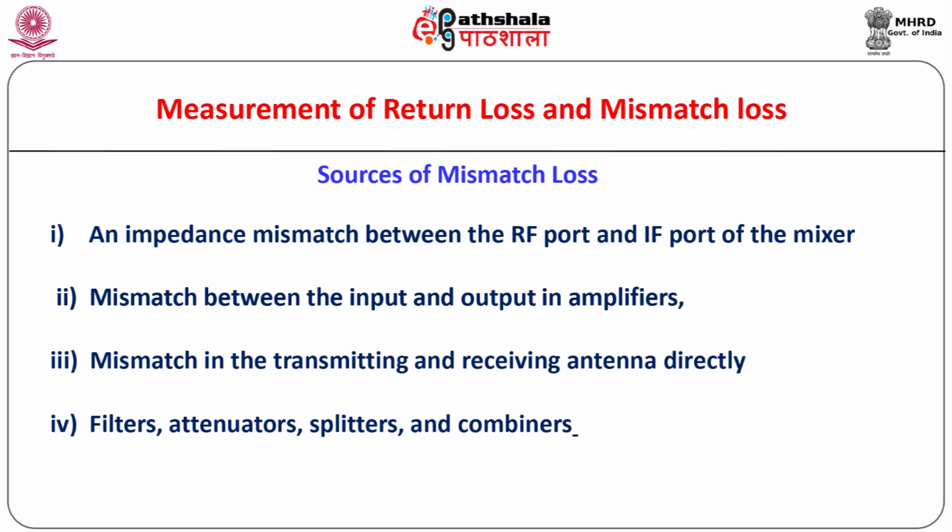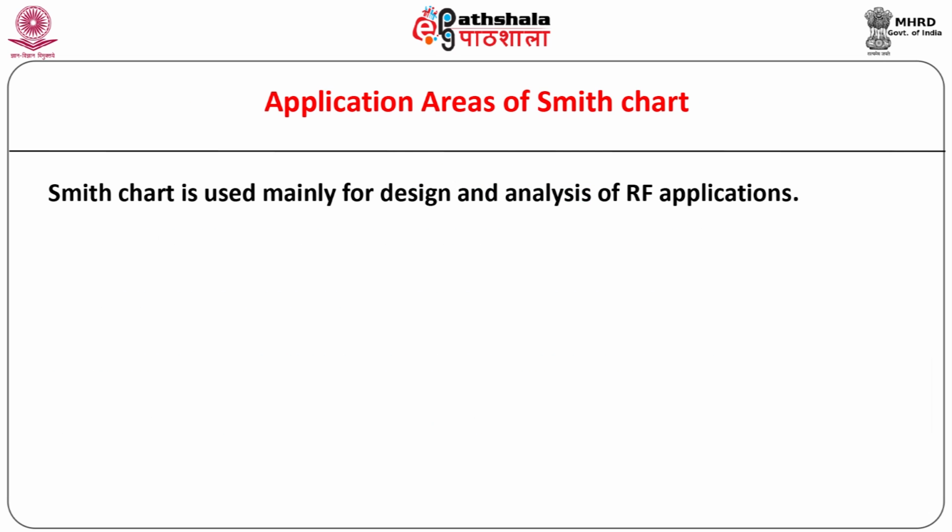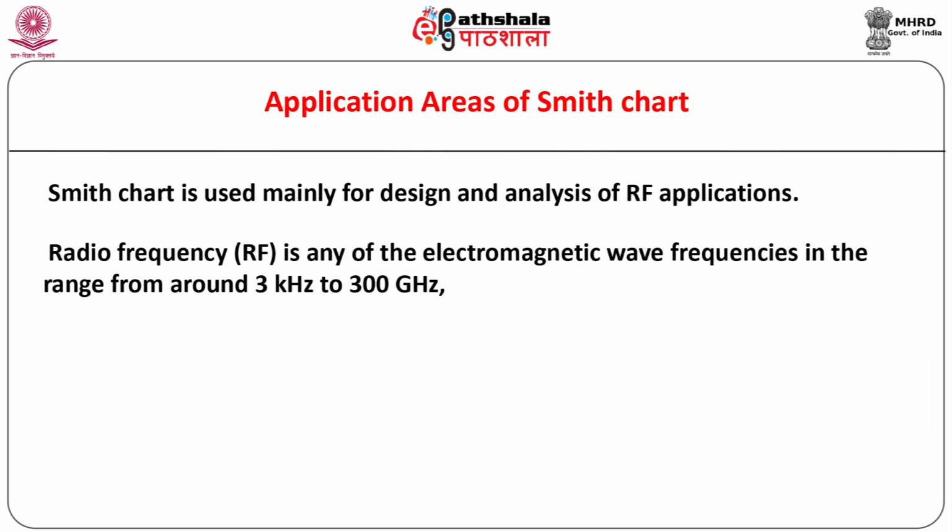Mismatch loss can be minimized by selecting quality components for use in a well-designed system. Smith chart is used mainly for design and analysis of RF applications. Radio frequency is any of the electromagnetic wave frequencies in the range from about 3 kHz to 300 GHz.